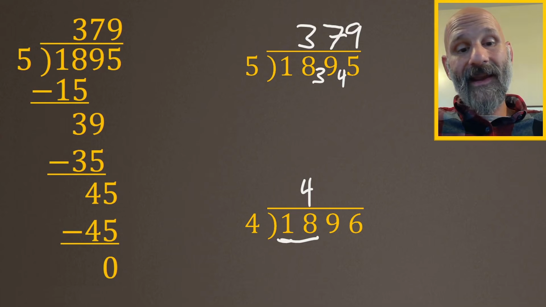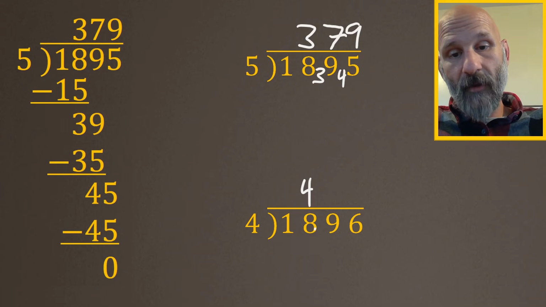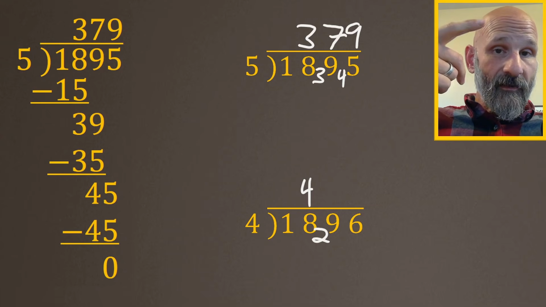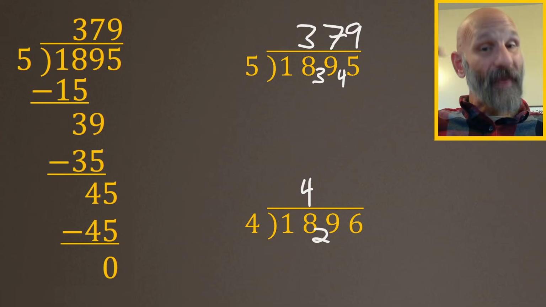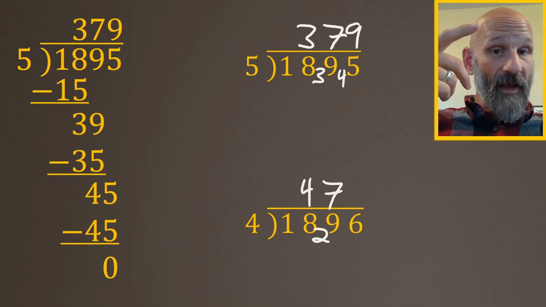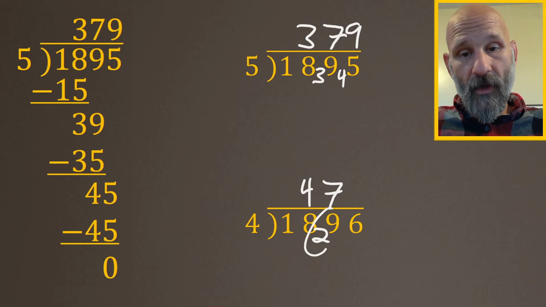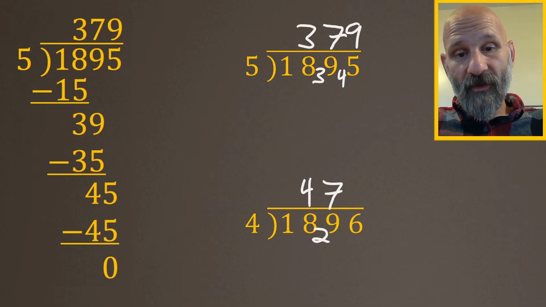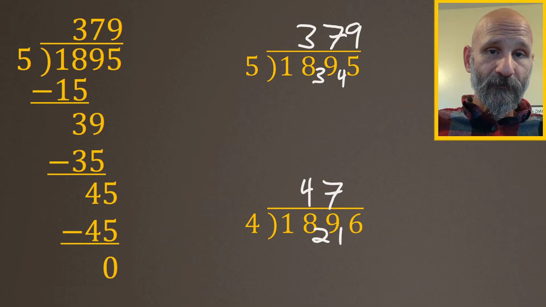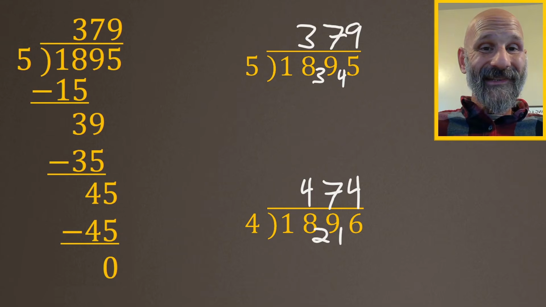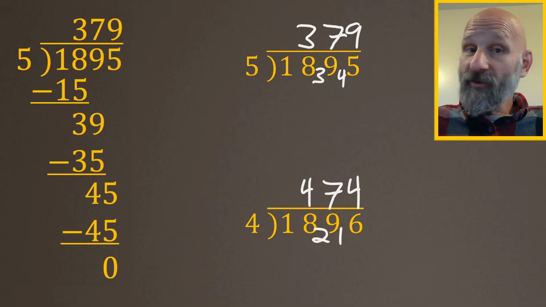The 2 gets written next to the 9, next to the next number, so the 2 goes there. 4 into 29. 4 times 7 is 28, so that's the closest, so we write the 7 there. 7 times 4 is 28. Subtract. 29 minus 28 leaves us with a 1. The 1 gets written next to the 6. Now, 4 times 4 makes exactly 16. And we're done.